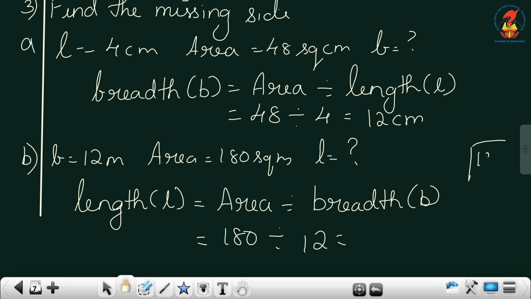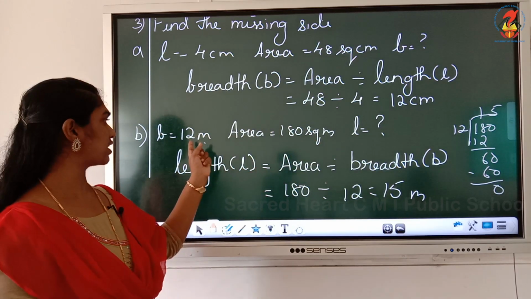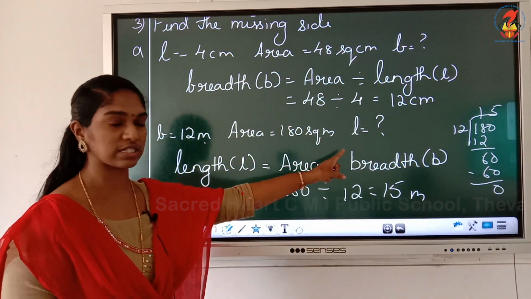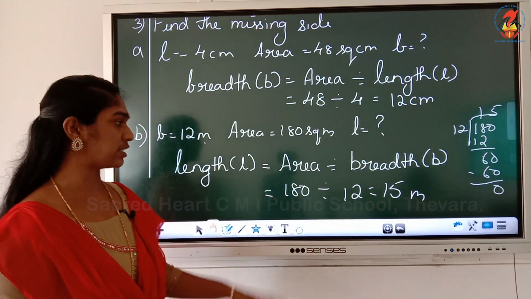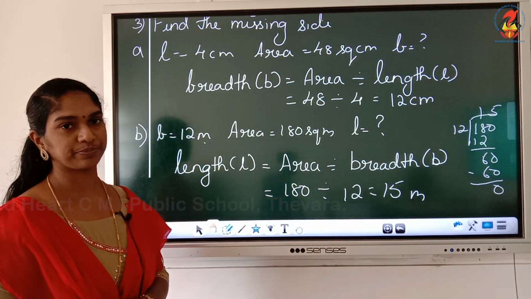You all can divide and see. 180, when you divide by 12, it goes one time. When you minus, you get 60. 5 times 12 is 60. When you minus, you get 0. So, you get 15 meter, because this question is given in meter. Breadth is 12 meter, area square meter. So, answer should be in meter. Length is equal to 15 meter.